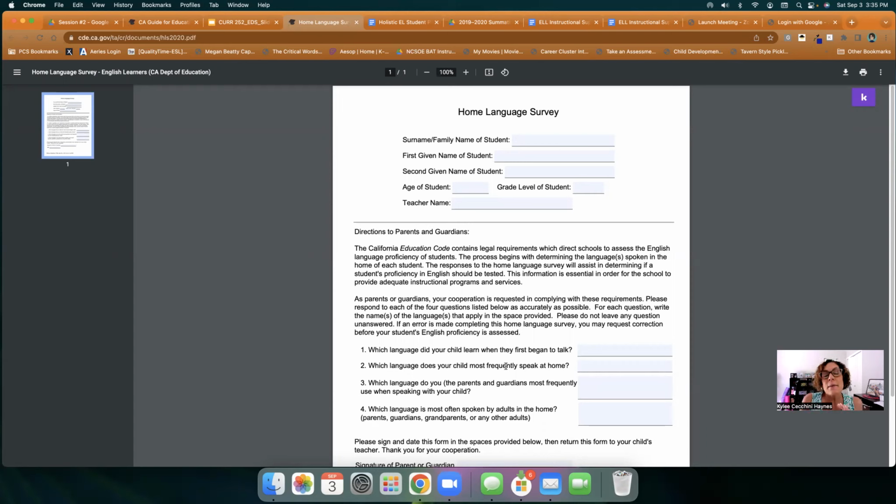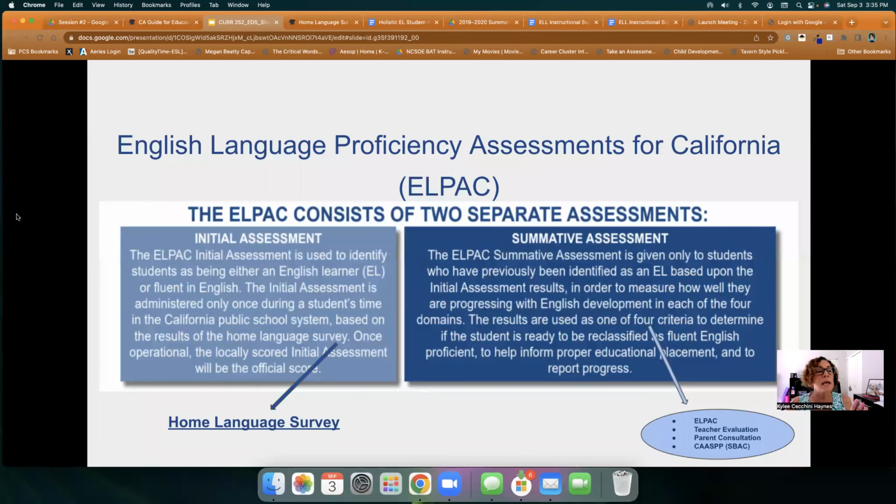And if there's anything marked that's not English, English, English, English, it automatically puts the student into the LPAC bucket, if you will. If they have another language other than English, and they might be completely bilingual, but if it's anything but English, they will then be given the initial assessment for the LPAC.